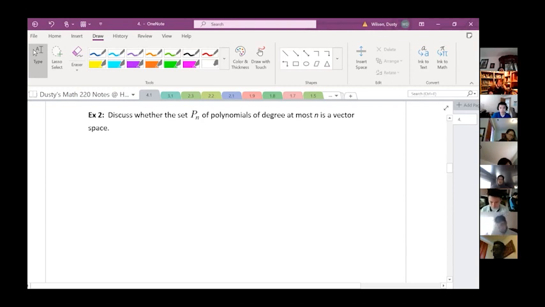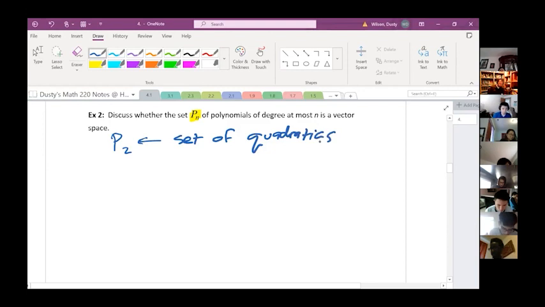So first of all, let's make sure you understand what this Pn would mean. So for example, P2 is the set of quadratics of the form, think maybe at squared plus bt plus c. These aren't equations, they're just polynomials.